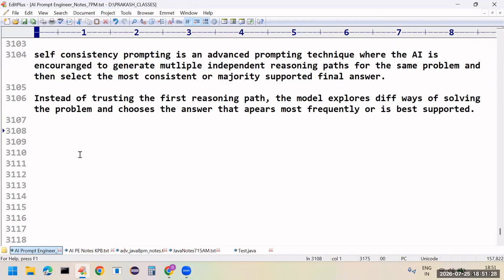Like that, we are going to choose it. Clear? Clear, everyone?